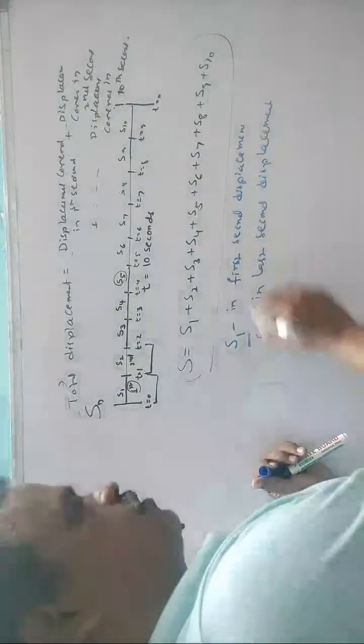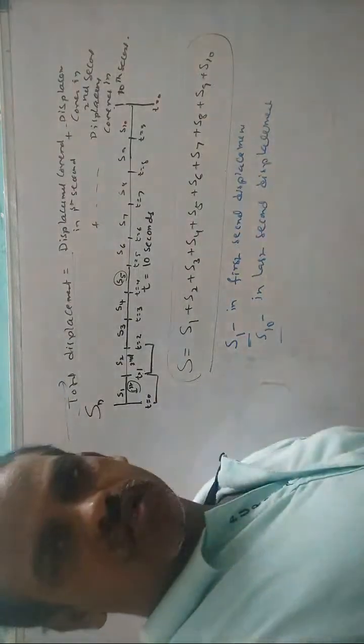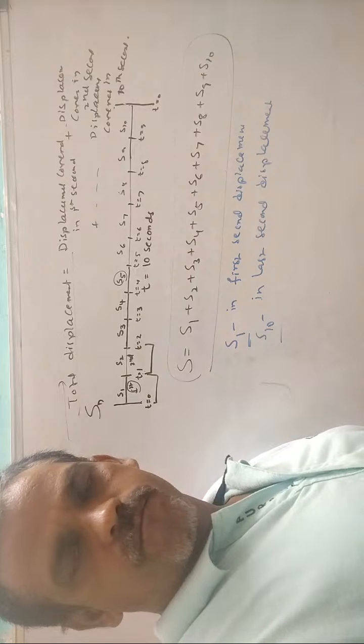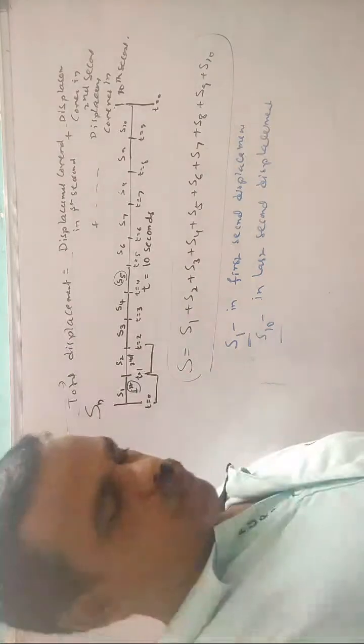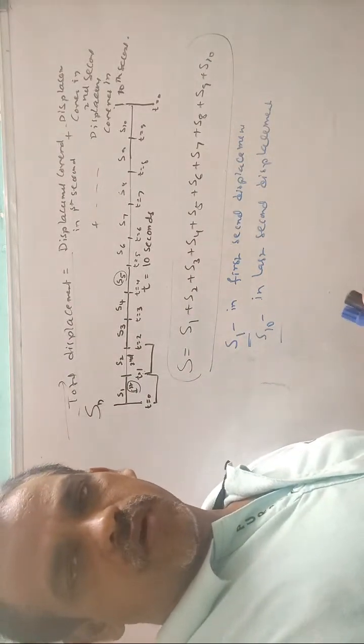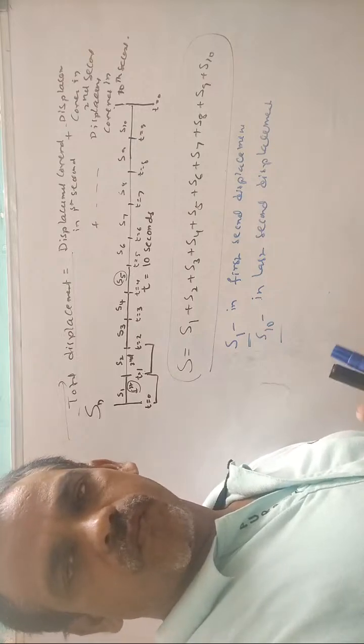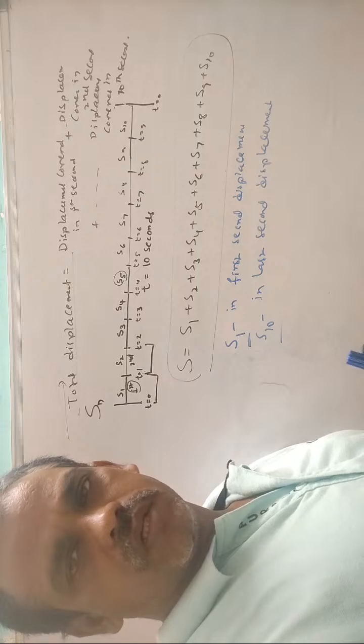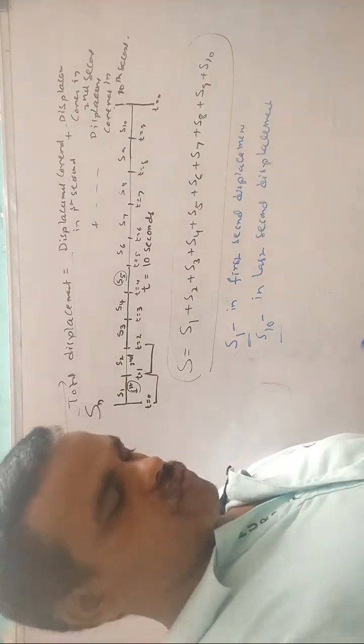So S1 is in first second displacement, S10 is last second displacement. Just you copy these things. When we do problems, we have to know these things. Just copy all the things. After that, message me yes.